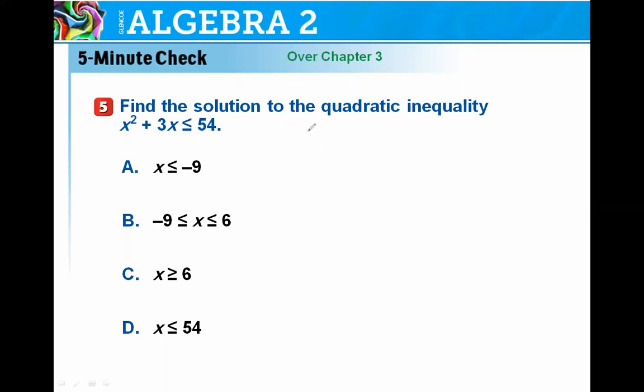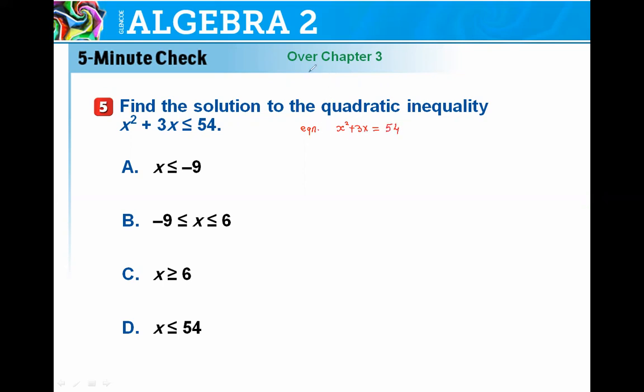If we have a problem like this, the first step is to change this inequality into an equation. The equation of this inequality is x squared plus 3x equals 54.